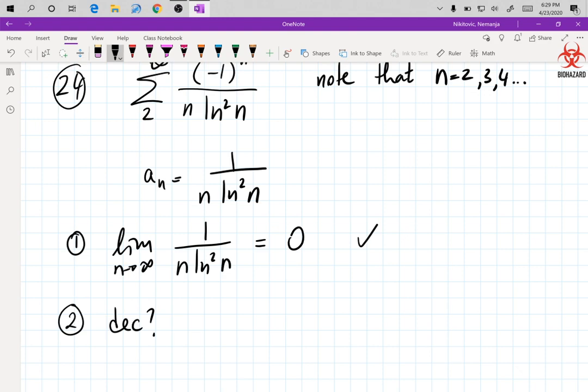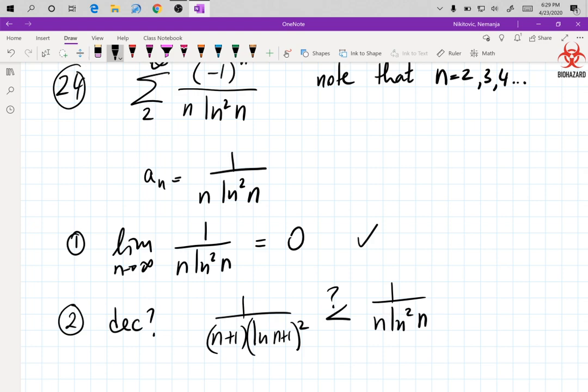So let's instead try and compare the terms. So I need 1 over n plus 1 ln squared. Well, actually, I'm going to put the square on the outside. So ln of n plus 1 everything squared needs to be smaller than 1 over n ln squared n. I'm going to put the square again on the outside.